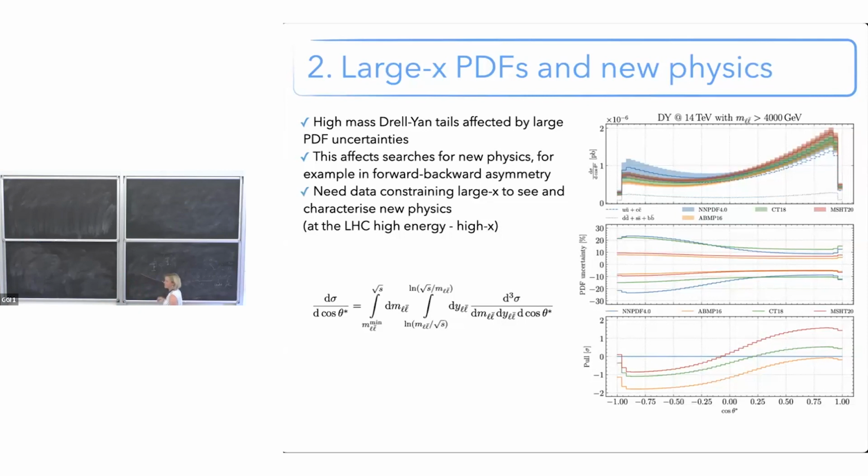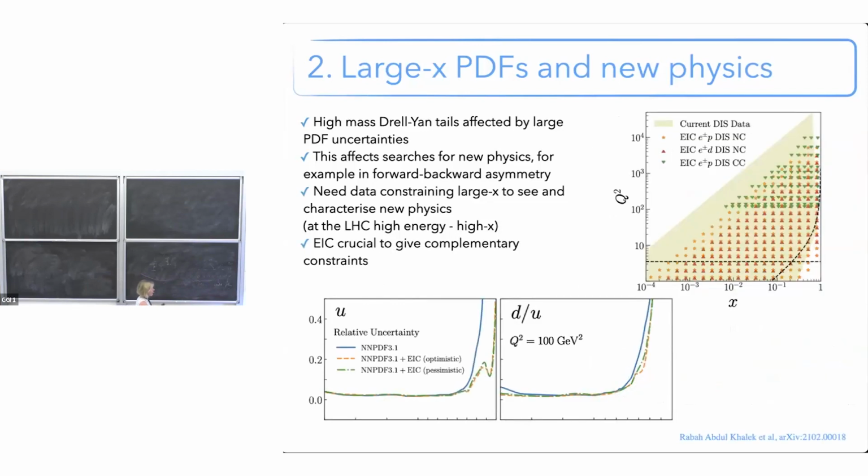If you have a bump, you see it here. But if the bump is farther away, you would just see a slight excess in the tail. This is what Ilaria told you in her lecture. But these tails are affected by a large PDF uncertainty. So you need data that constrain the large x to see and characterize new physics.